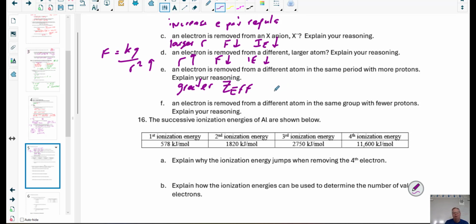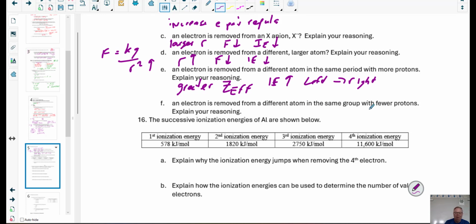Greater Z effective means that the electron is being held more tightly. So we're going to get an increase in the ionization energy as I move from left to right across the periodic table, due to this greater Z effective.